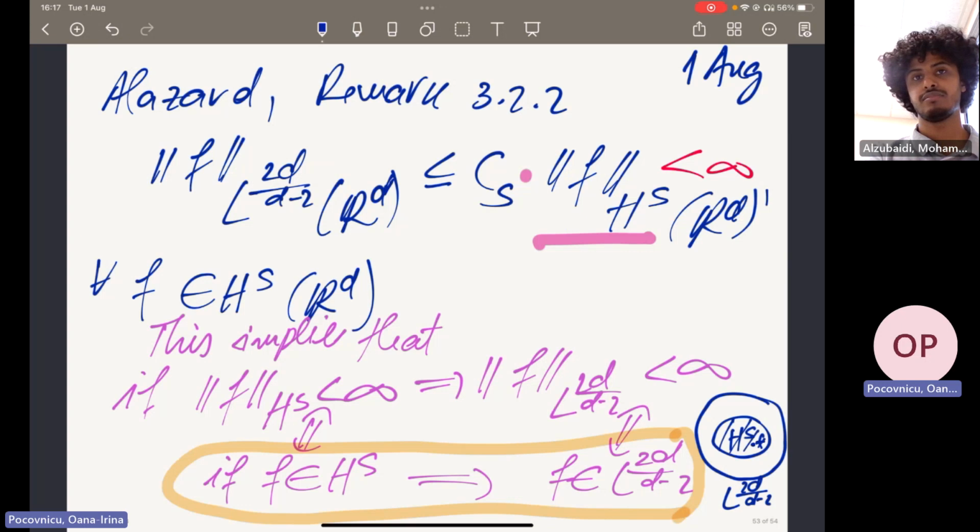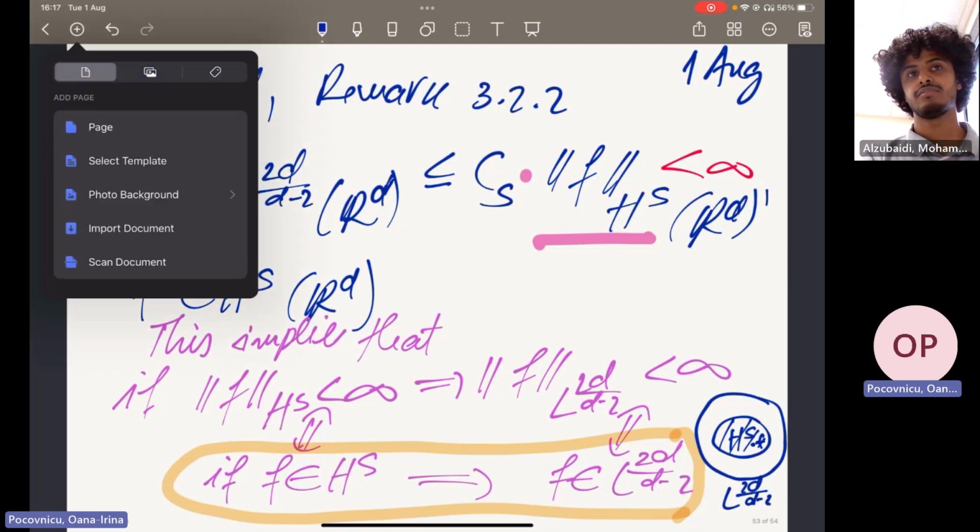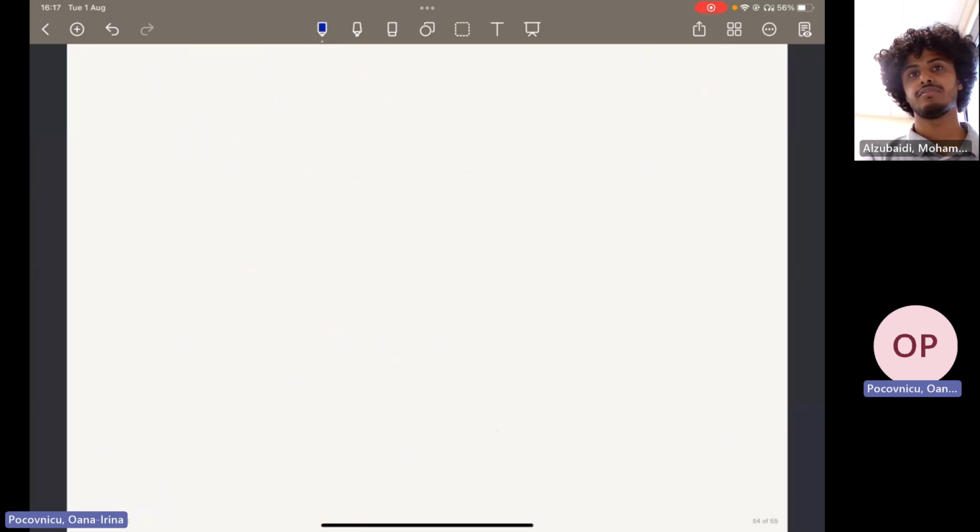And H^s is a subspace of it. Okay, but that's not exactly what the theorem says, so let's get to what the theorem says. So far we showed that H^s is included in this L^(2D/(D-2)).